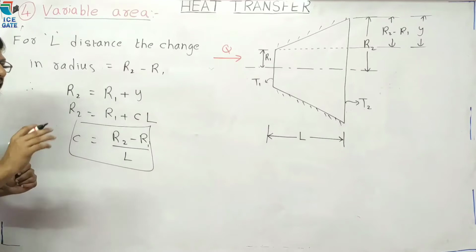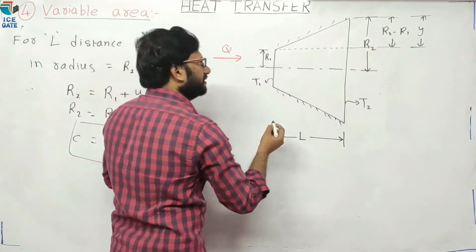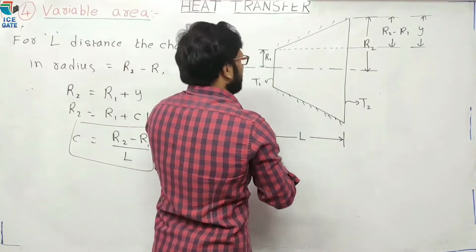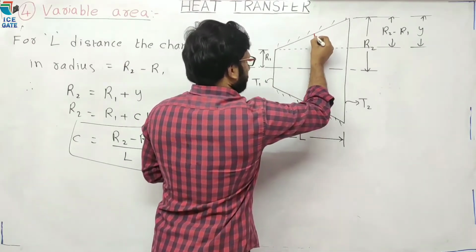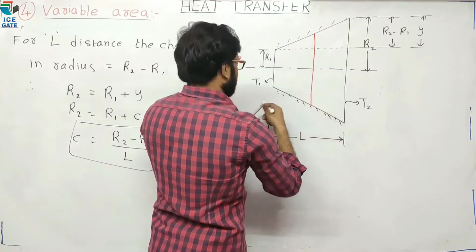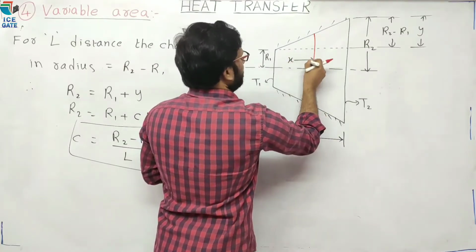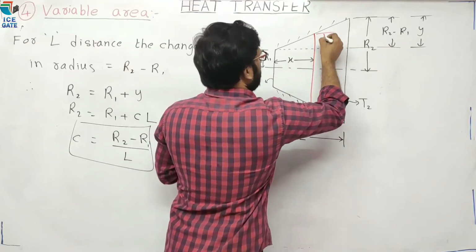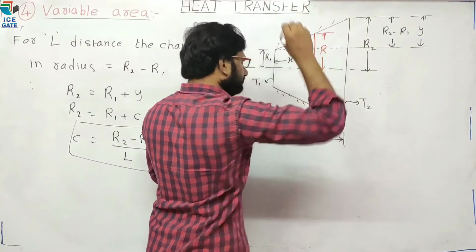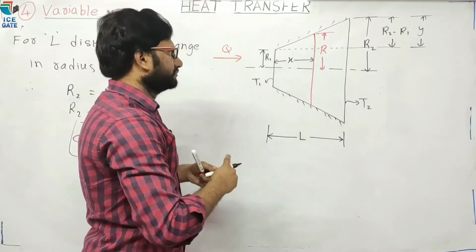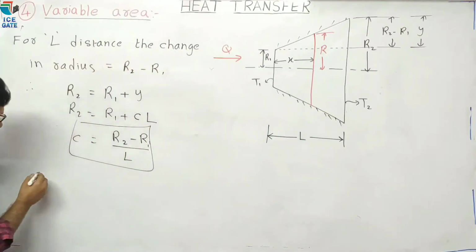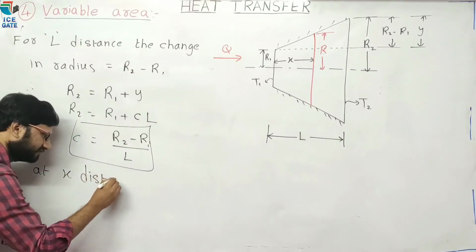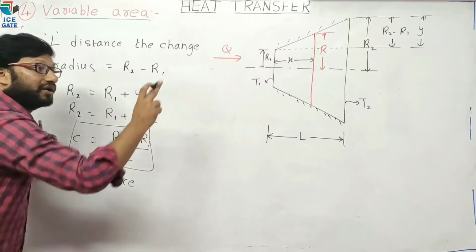Hope you understood. Now, for example, at some distance x, say the radius is r. Now at x distance, what is r?